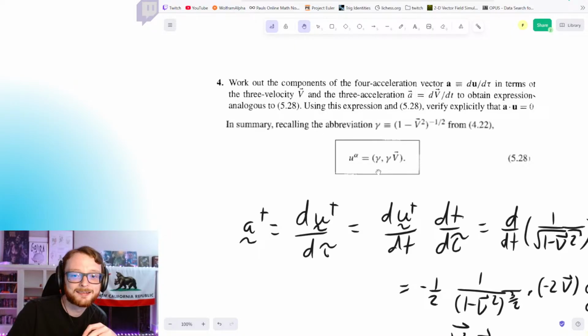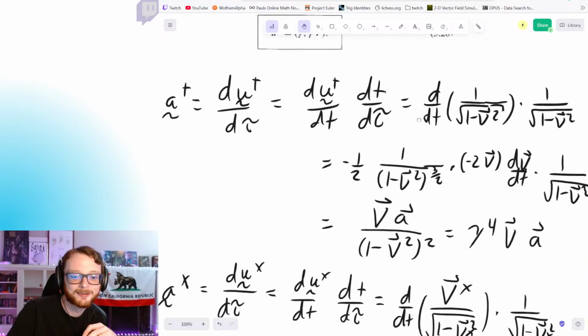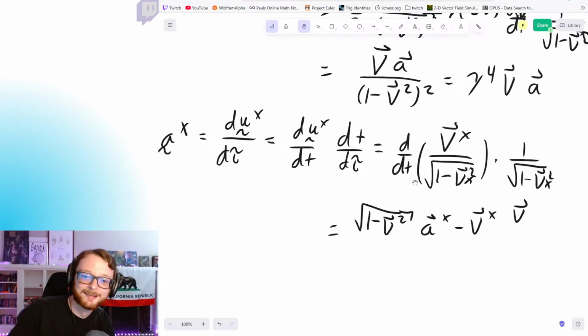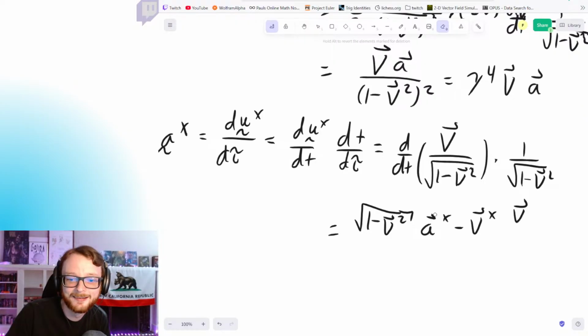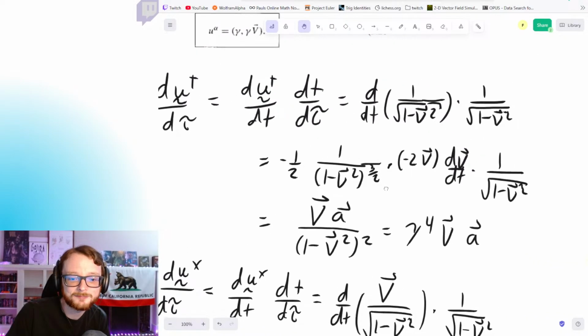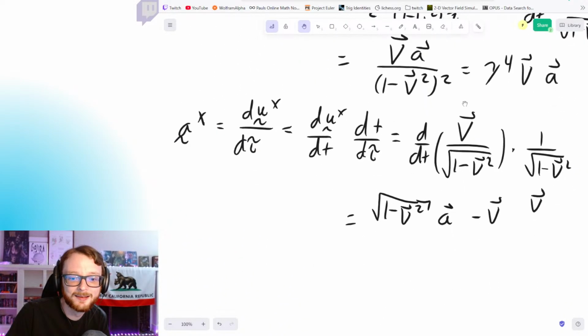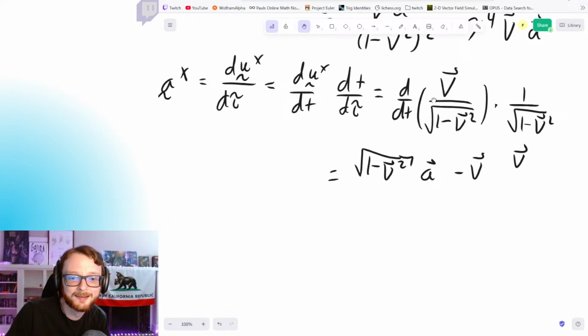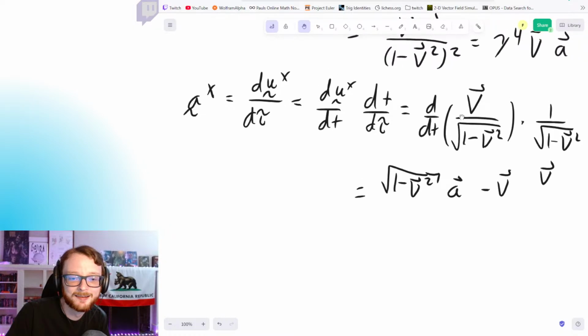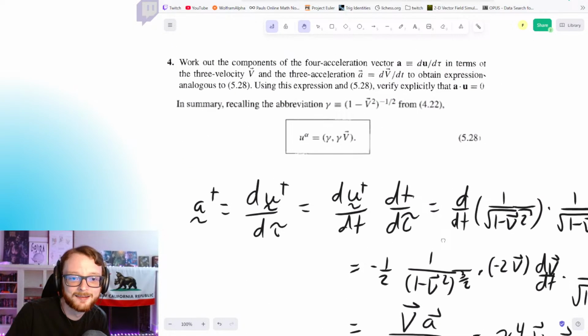Maybe what we have to do is instead of doing it one component at a time, do all three at once. So think of it as like Vx plus.